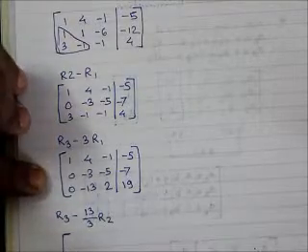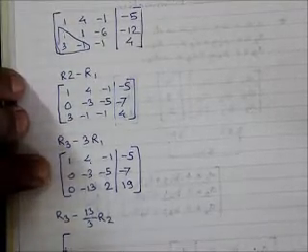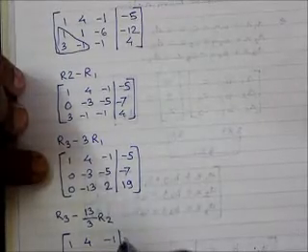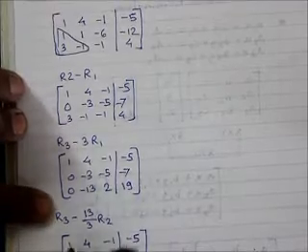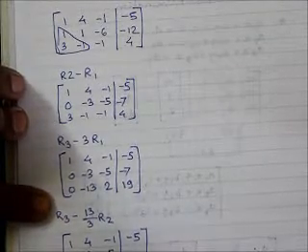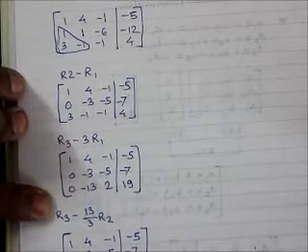First row again remains as it is, 1, 4, minus 1, minus 5. Second row remains as it is, 0, minus 3, minus 5, minus 7. As it is.